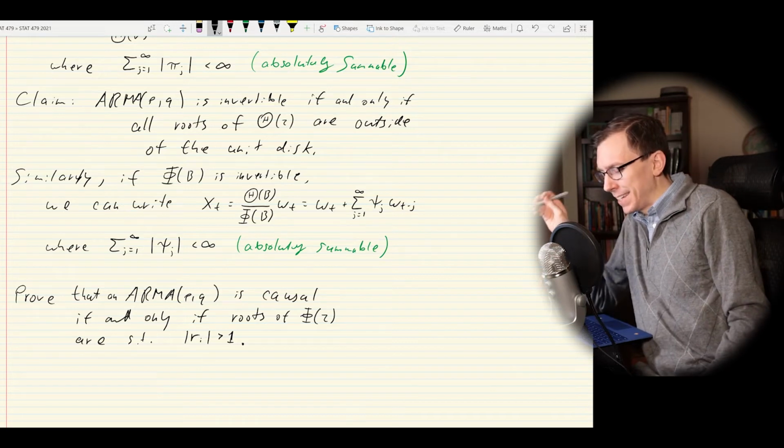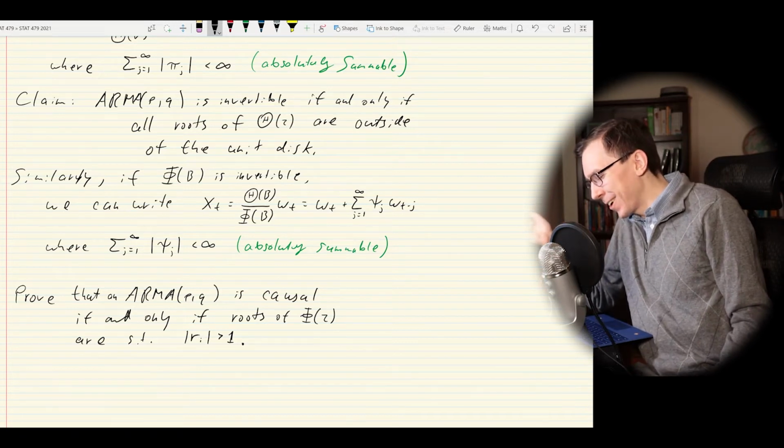Not the clearest of sentences, are such that R is greater than 1.